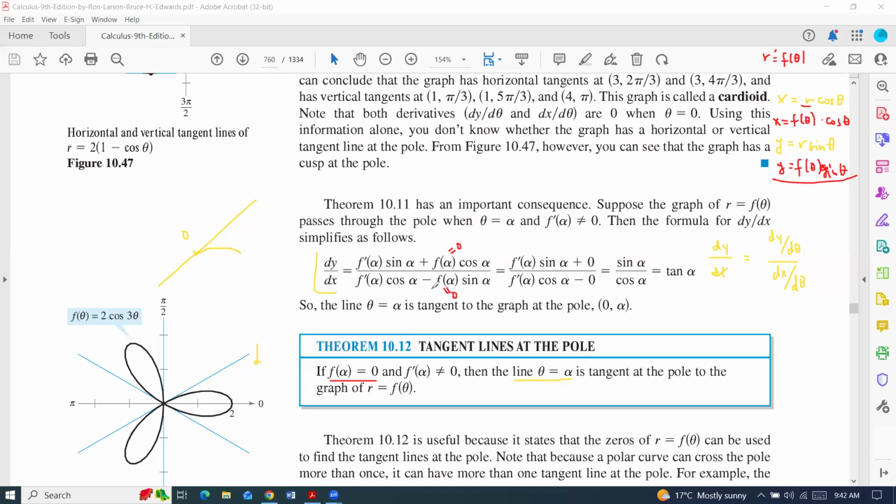So those terms will disappear. And then when you have a fraction, the derivatives cancel each other, and you end up with sine over cosine, which is tangent. So our derivative at the pole is tangent. So the tangent line at the pole touches the graph. And that's the justification of this theorem, which is enabling us to get graphs.